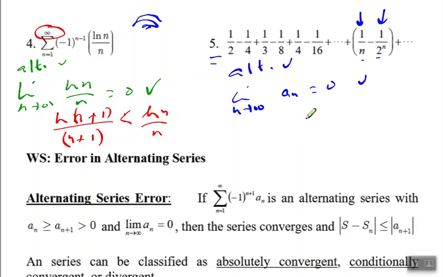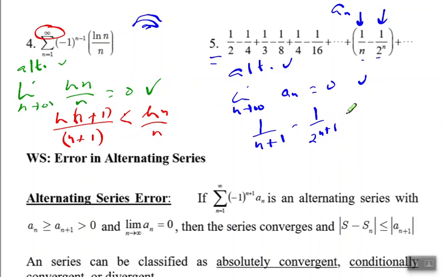But this thing does not decrease in value. What we're saying is that, well, actually, this is my a sub n term, and the a sub n plus 1 term is going to be the next one. So we have 1 over n plus 1 minus 1 over 2 to the n plus 1.